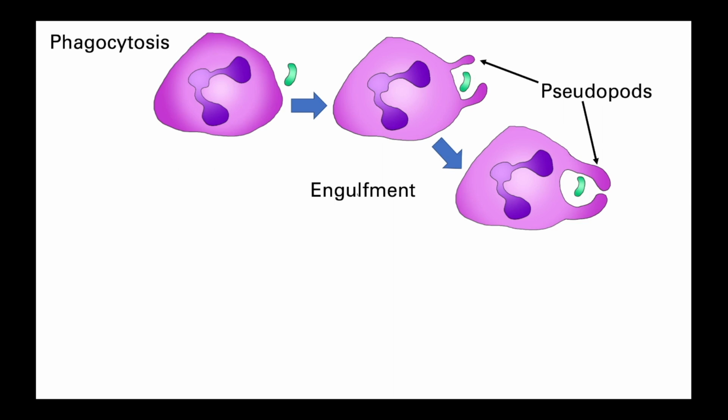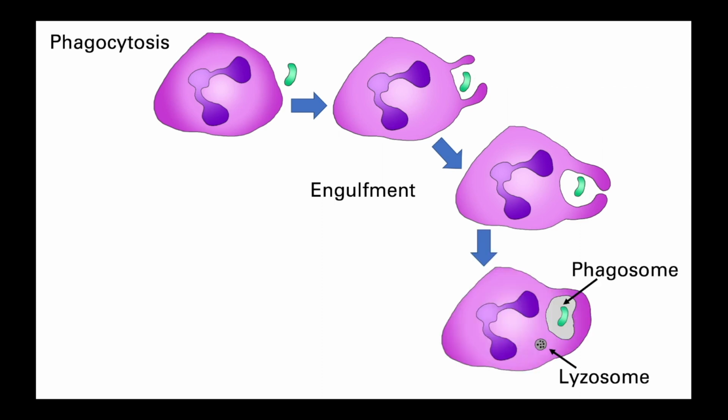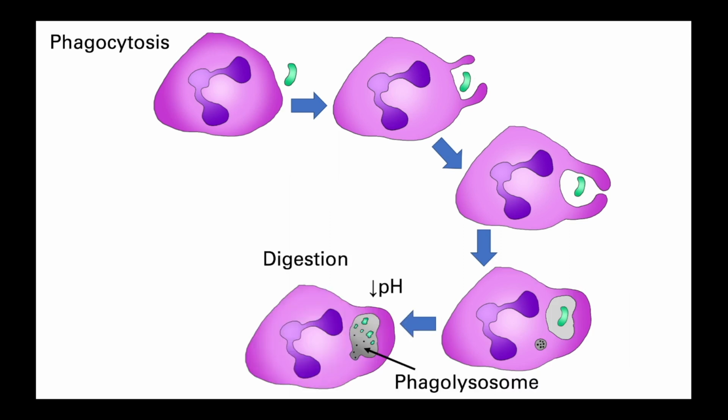This involves a cytoskeleton rearrangement that engulfs the pathogen, creating an intracellular organelle called a phagosome. Once inside the neutrophil or macrophage, the phagosome binds with a lysosome to form a phagolysosome. The lysosome releases its content into the phagosome, reducing the pH and releasing enzymes that break down the pathogen.